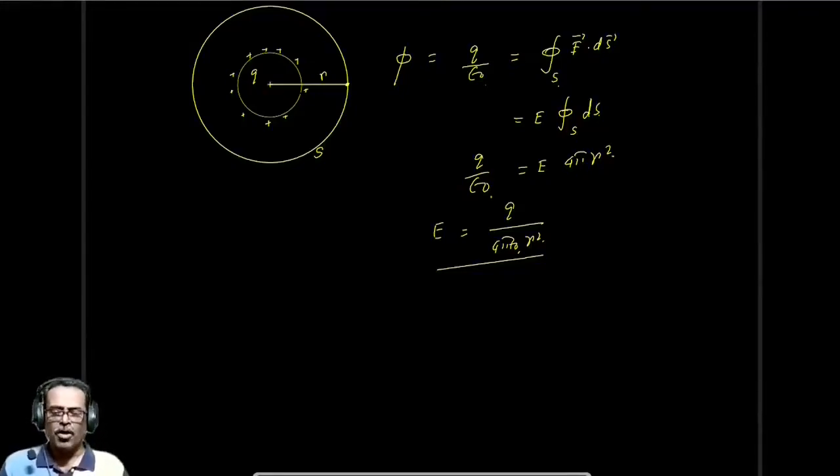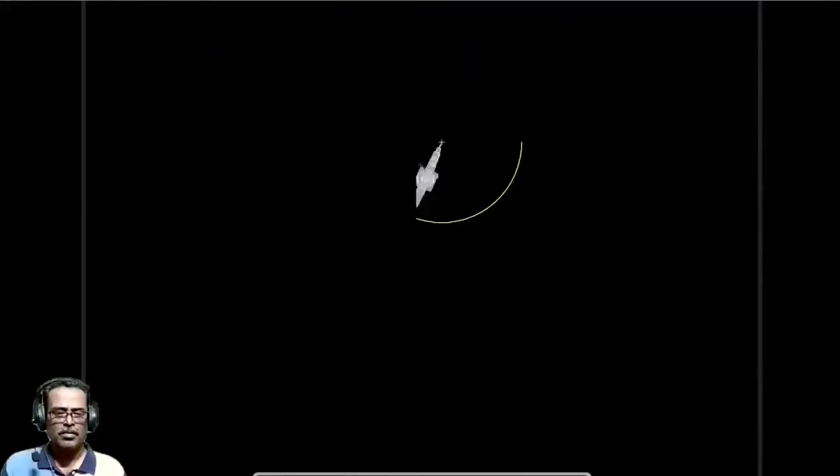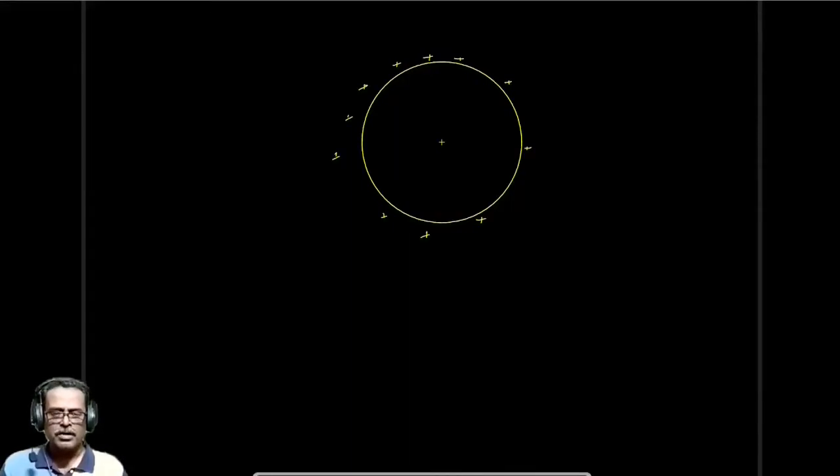But now consider a hollow sphere, and a point inside the sphere. We have to find the electric field at point P, which is inside the hollow sphere. If we construct a concentric sphere through this point, then Q inside is equal to 0.